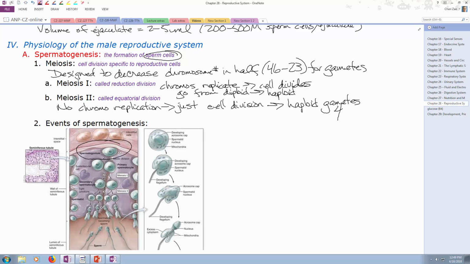The difference is that once a female is born, she doesn't have any oogonium. She only has primary oocytes. With men, they have spermatogonium their entire life. This is one reason why women have a limited time of fertility and men have fertility well beyond puberty. So we'll stop there and do another clicker question.